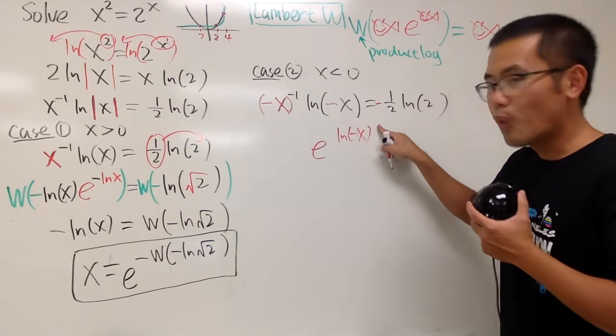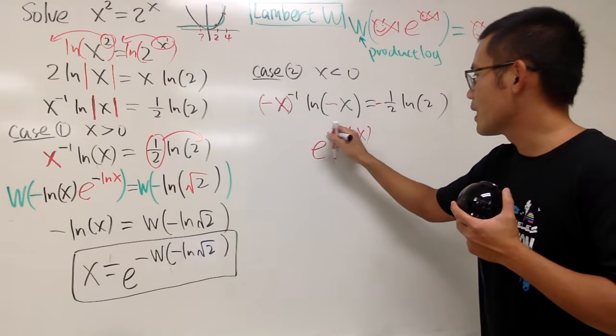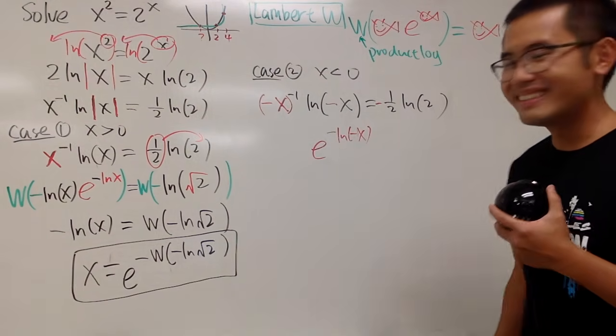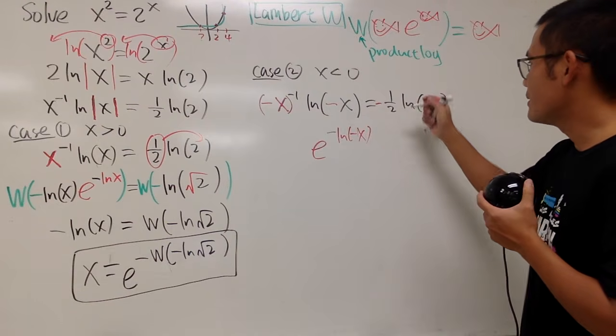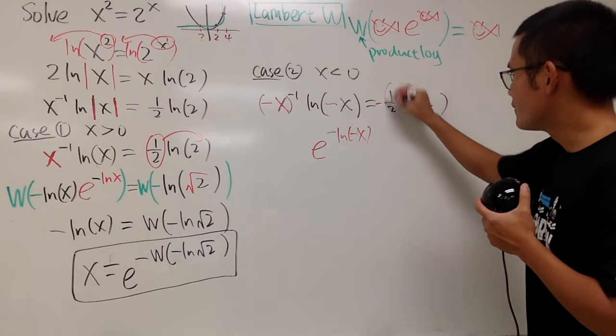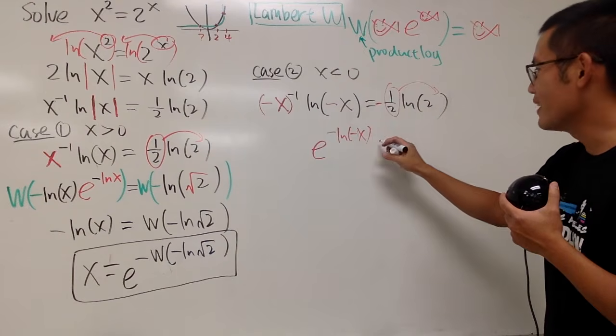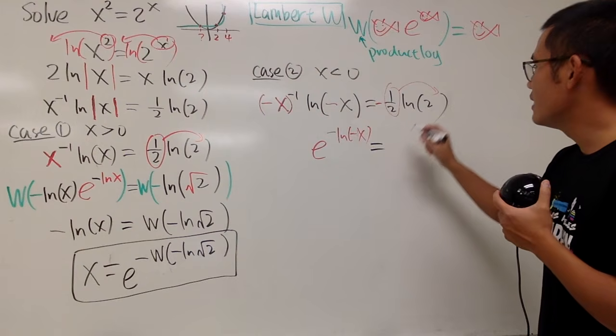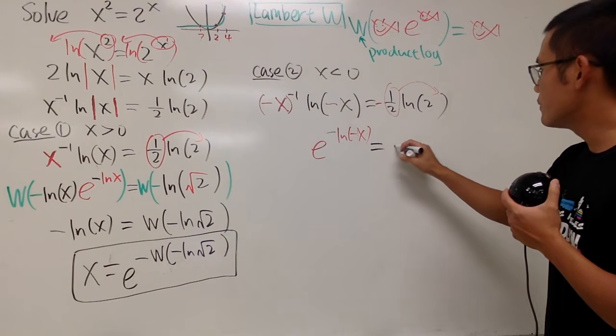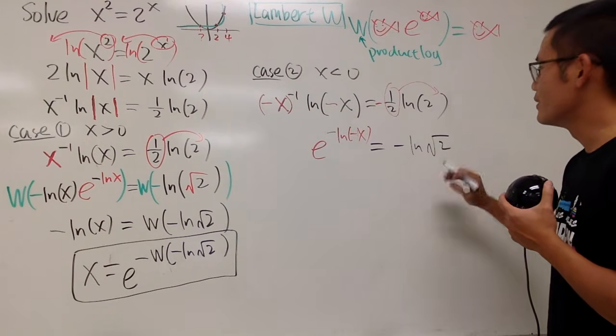And then to the -1, but the -1 can come right here. So it's the same idea. And of course, this time, let me just put a 1/2 right here. So get the square root, I will leave that as a negative, okay? So this is going to be negative ln square root of 2, like that.